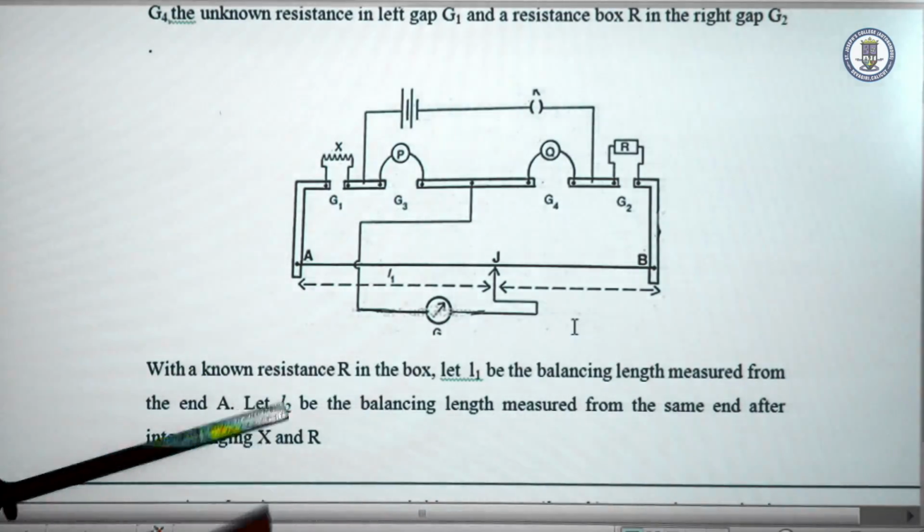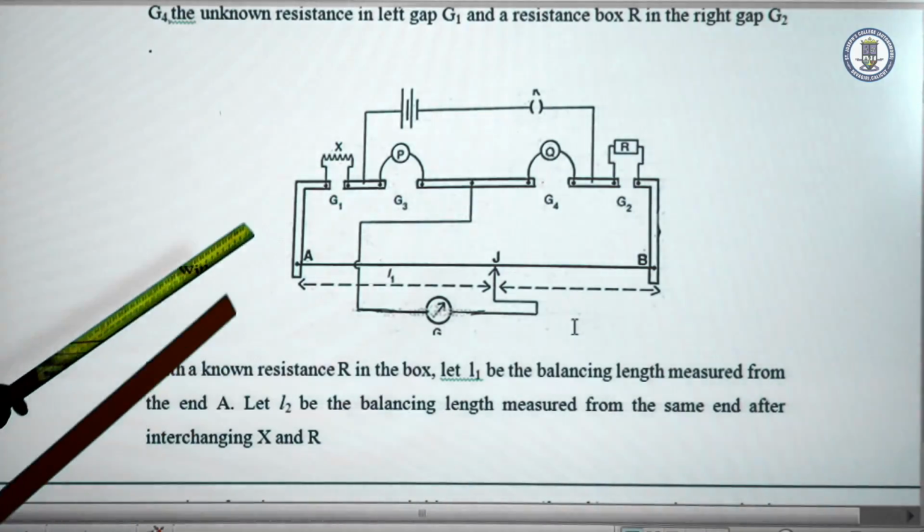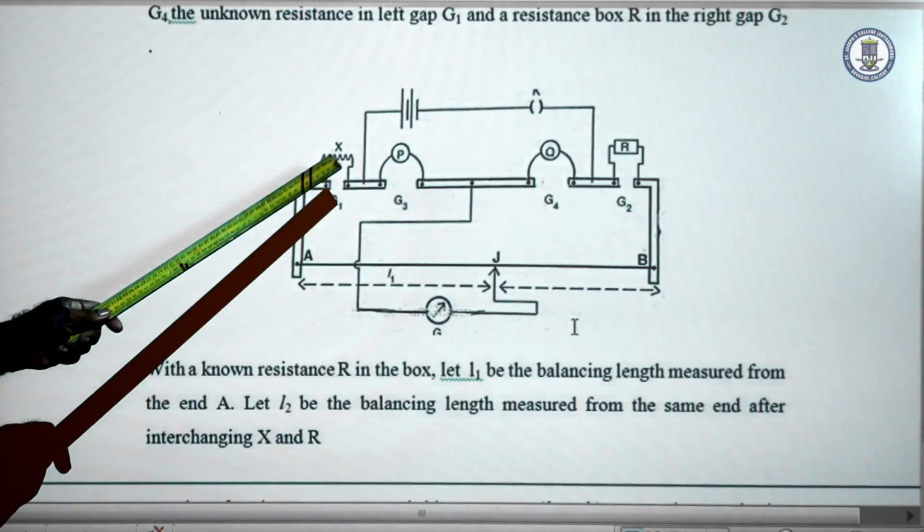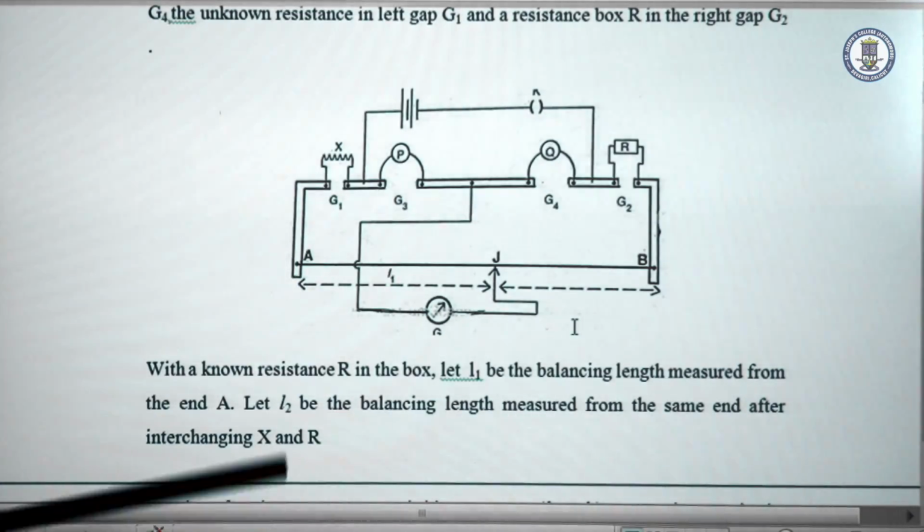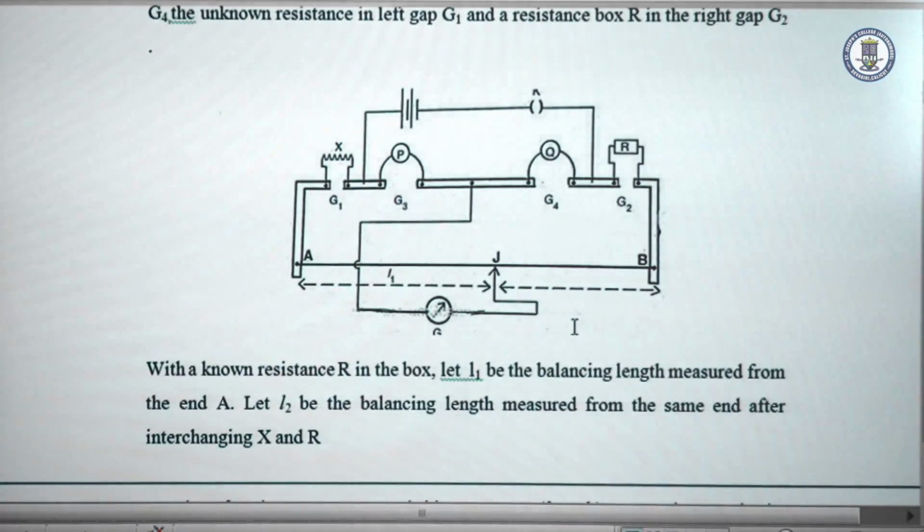So we obtain two balanced lengths, L1 with X in the left and R in the right, and L2 with X in the right and R in the left gap.